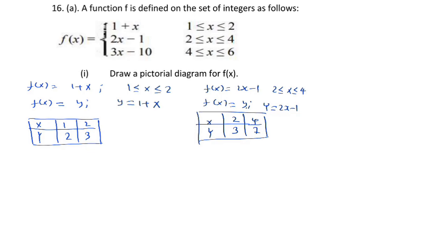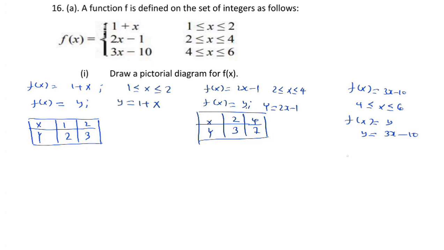Okay, so next we also have another function of x which equals 3x minus 10 with values of x as 4 less or equal to x less or equal to 6. Okay, so let function of x equal y. Then our equation is going to be y equals 3x minus 10.